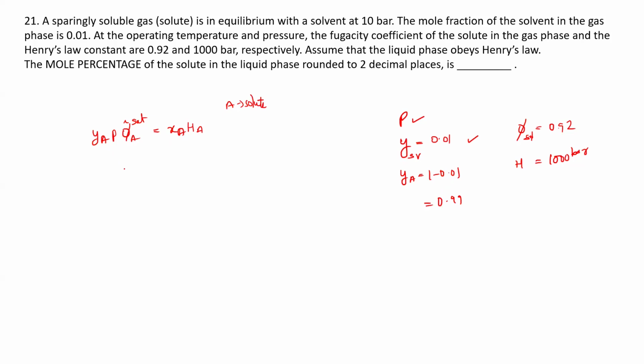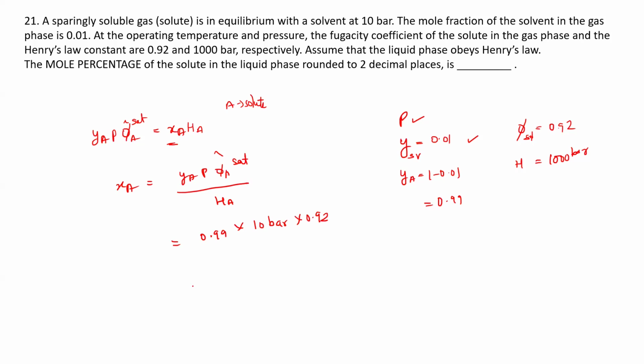Therefore, what we want to know is XA. So XA equals YA P phi A hat sat by HA, equals 0.99 into 10 bar into 0.92, the fugacity coefficient, by Henry's law constant of 1000 bar.